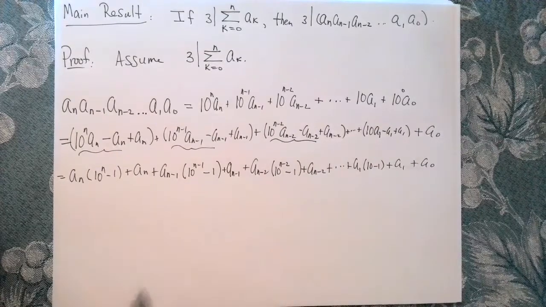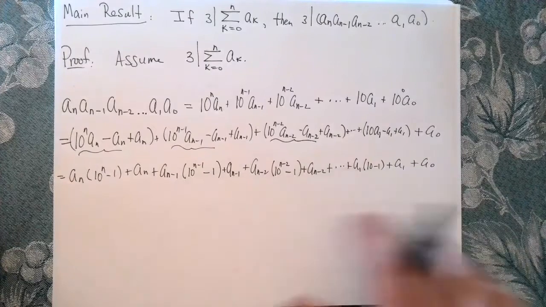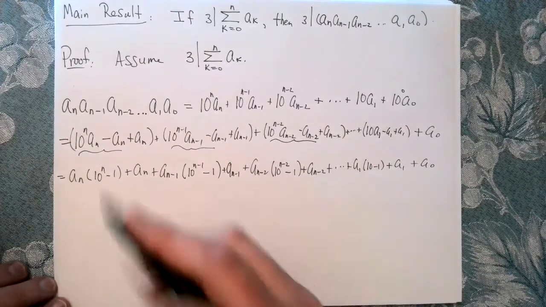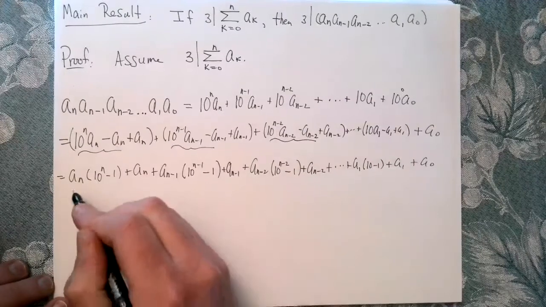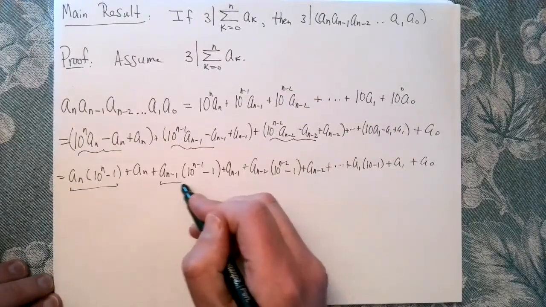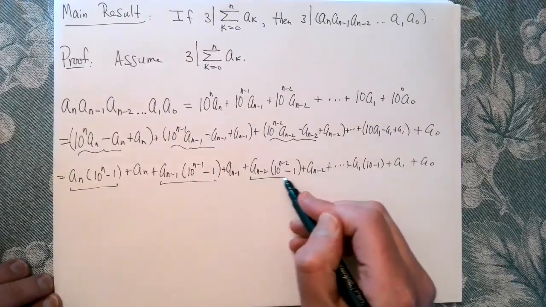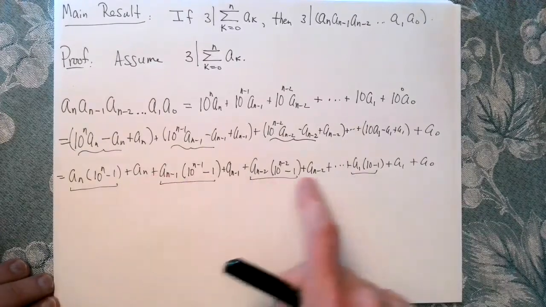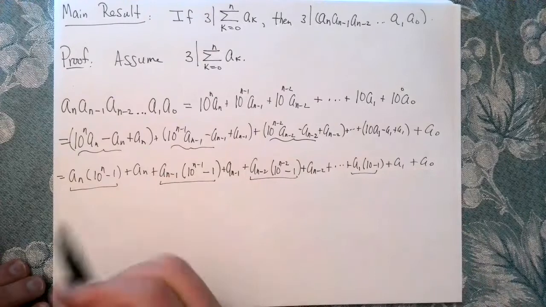Now, this is a finite sum. This is not infinite, so we can use the commutative property of addition. We can switch the order all we want. We can scoop these up in convenient ways. So let's scoop up all of these. Okay, so we'll write these. And then after, we'll scoop up all of these terms here.